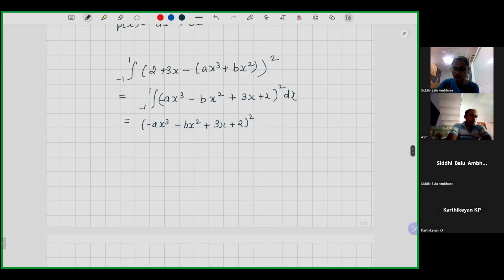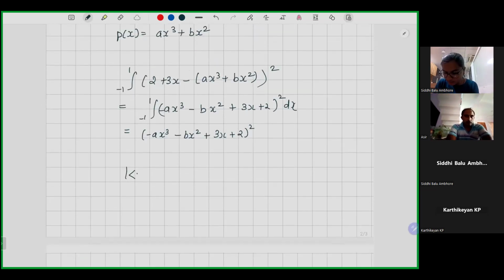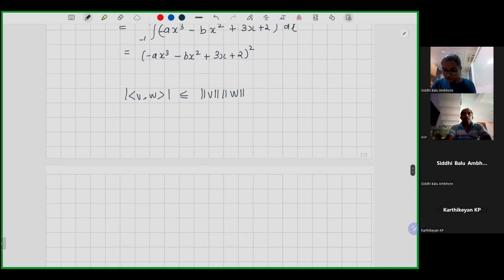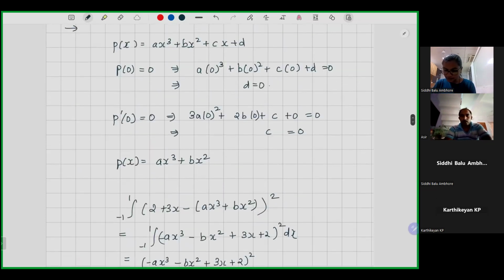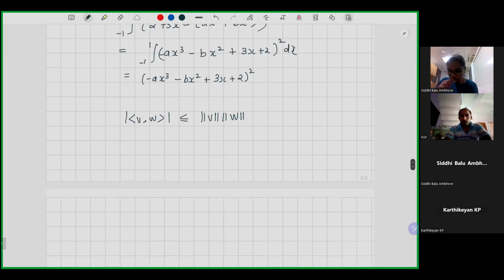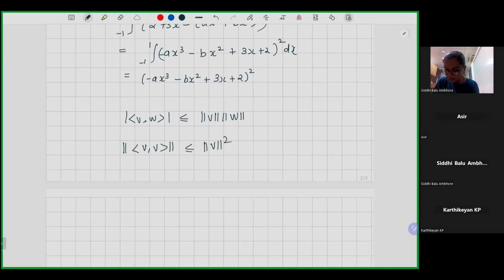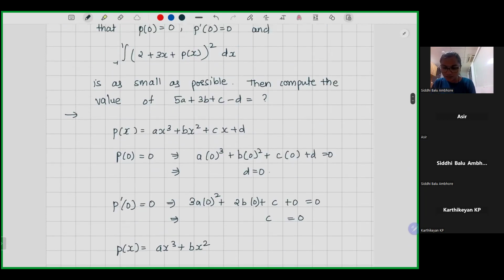What the Cauchy-Schwarz inequality says is that this is less than or equal to norm of V into norm of W. So the inner product of V comma V will be less than or equal to norm of V square, and this is as small as possible.